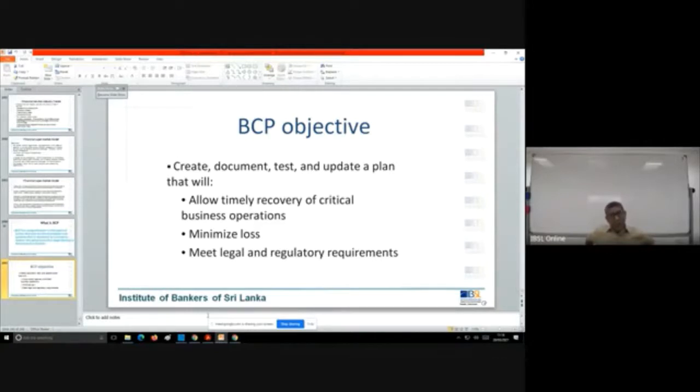So, what is a contingency funding plan? It comes under liquidity management. Basically, the CFP addresses alternative funding sources to utilize when a financial institution is facing difficulties in meeting financial obligations.